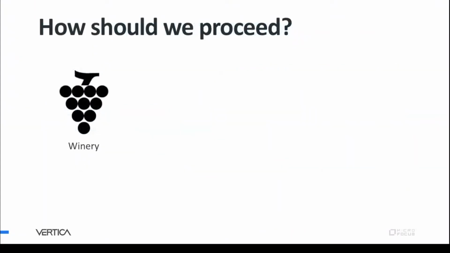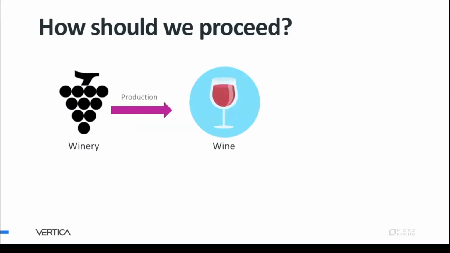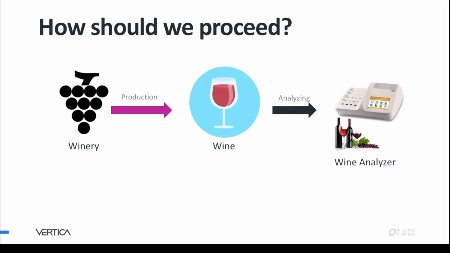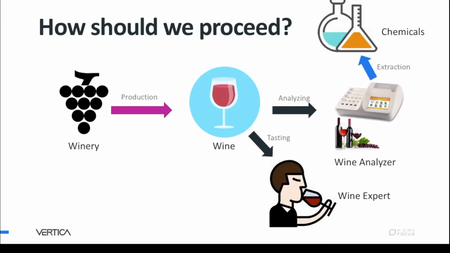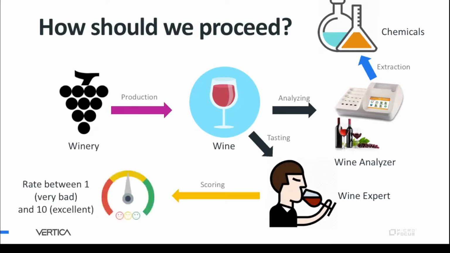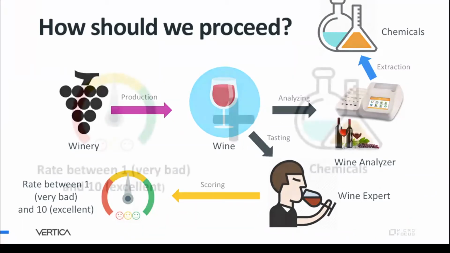How should we proceed? So we have the winery. The winery will produce some wine. We will use a wine analyzer to extract all the chemicals. And then we can give this glass of wine to a wine expert, and this wine expert must score the wine between 1 and 10, or any rate you want, between 1 and 5 if you want, in order to have this value that the machine learning algorithm will use to build a model.